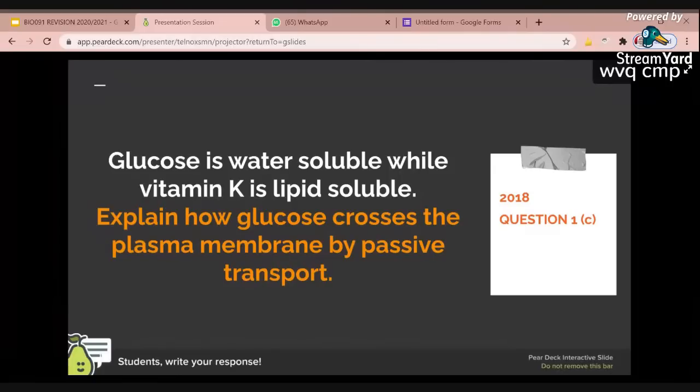So I think untuk soalan ini jawapan yang expected from you adalah using carrier protein. Glucose is transported using carrier protein. The name of carrier protein is glucose transporter.